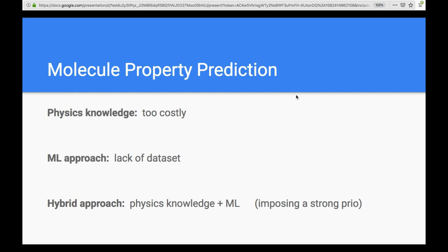But the problem is that quantum mechanics somehow gets too complex to really be calculated in those kinds of many-body systems.